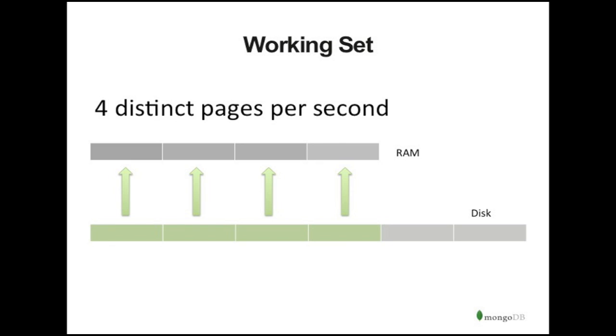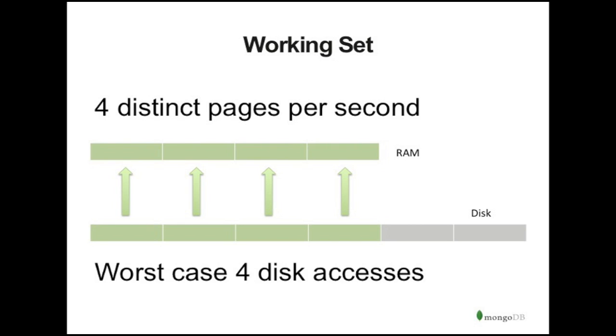So let's think about, for example, the scenarios where disk and RAM will be used a lot. Imagine that you have 4 distinct pages being requested per second. If all those pages are on disk, in the worst case scenario, we just do 4 accesses to the disk per second.